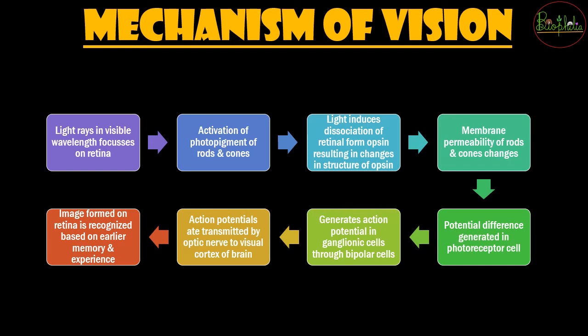So for that reason it is very important to understand how the vision is going to function. Here we see that once the light rays are being focused onto the retina, there are going to be light rays falling onto the retina.